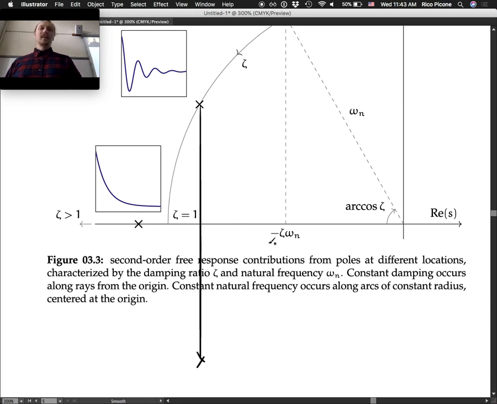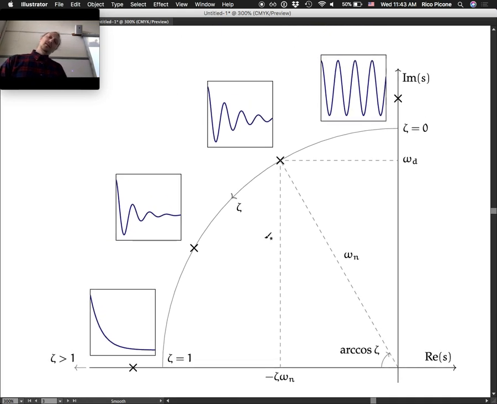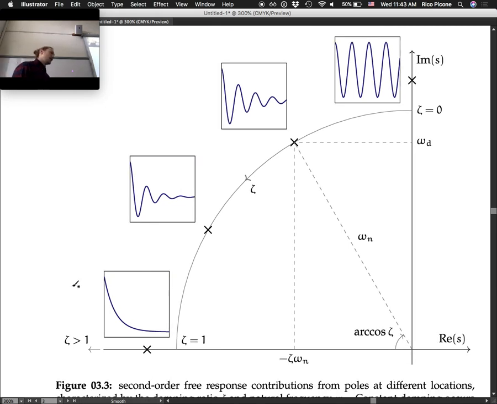Okay? So what I want to look at is, if we look in this quadrant and we think about the location of these poles, we already kind of have an idea that if the pole is further to the left, it's going to decay faster. If it's further to the right, it's going to decay slower. And then once you get to the axis, it's going to not decay at all.